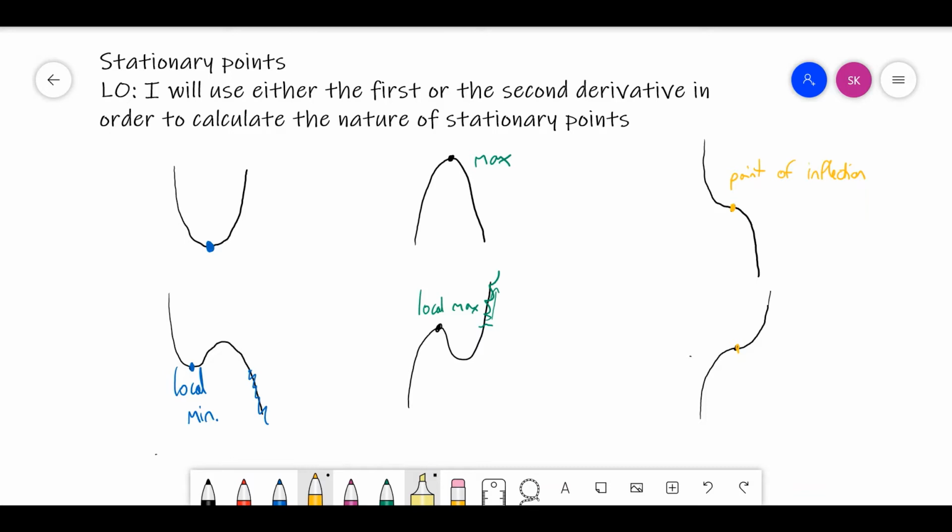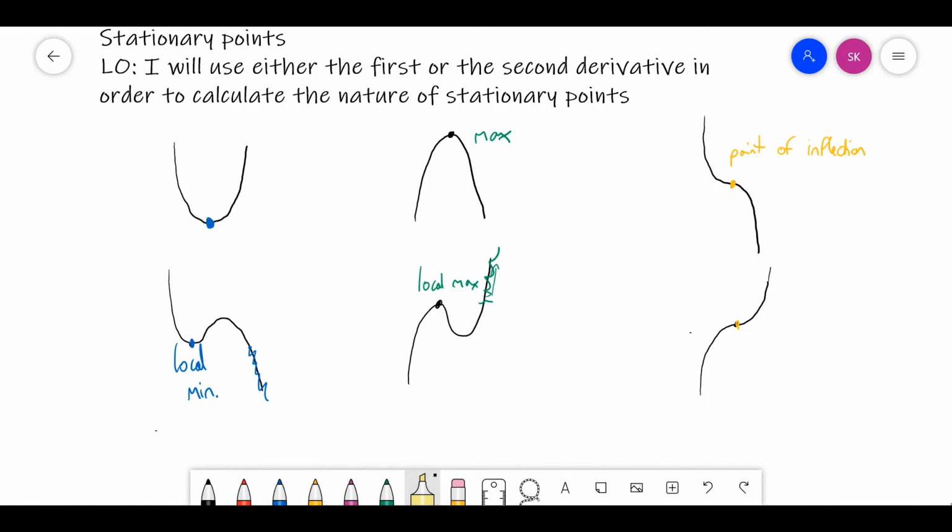All these, the maximums, the minimums, the local maximums, the local minimums, all of these have something in common. Can you see what they all have in common? Why do you think all of them are called stationary points?